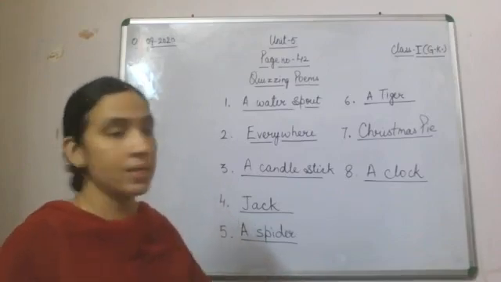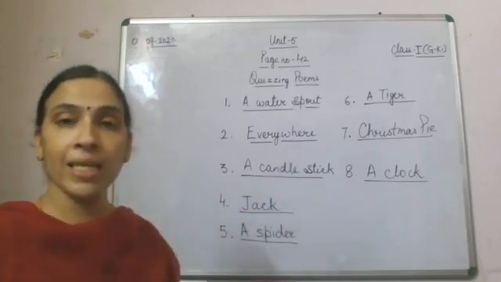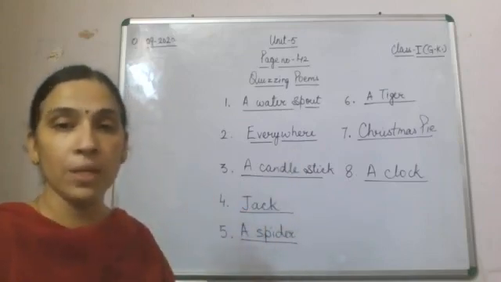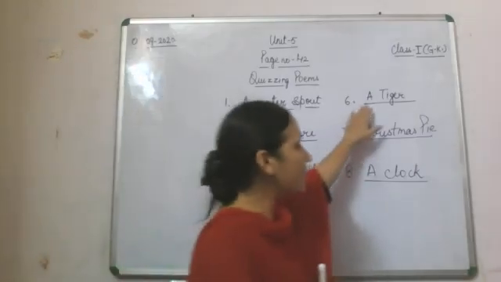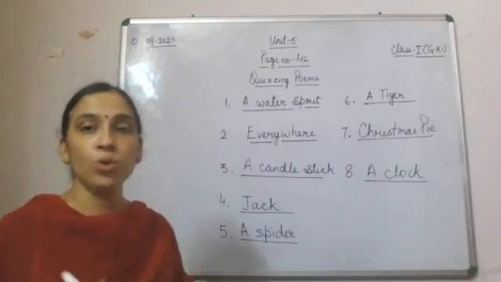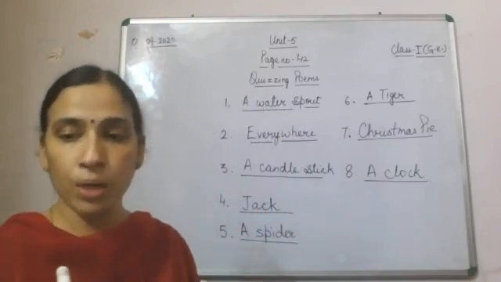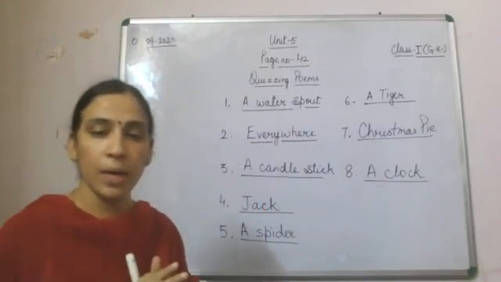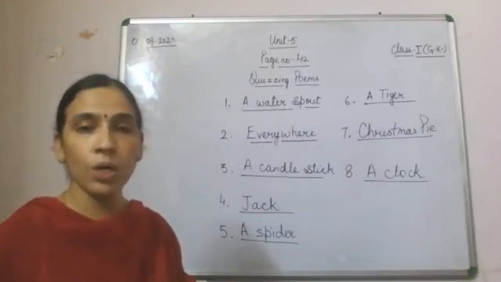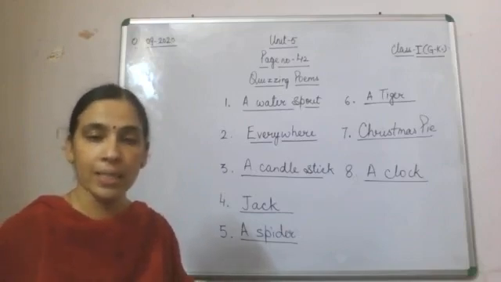Now number 6 is what? In the poem Ek Chidiya, who sets the net to trap the sparrow? A tiger. A tiger sets a trap to catch the sparrow. Now number 7. What was little Jack Horner eating?